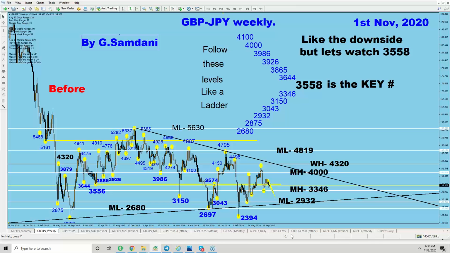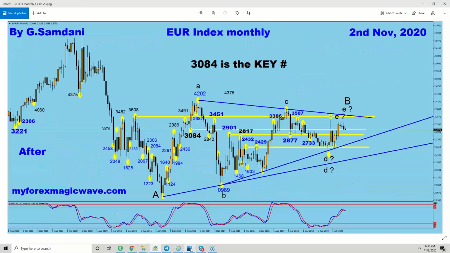So I just wanted to show you this Euro index, right? This is a very critical point now. If we can just stay below this one, 32.21, it may continue going to the downside. And then I want to see if we can take out 29.01. That would mean this E wave is finished here, and then we are going back to the downside, and that would be wave 1, 2, 3, 4, 5.